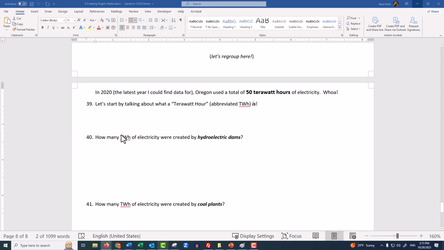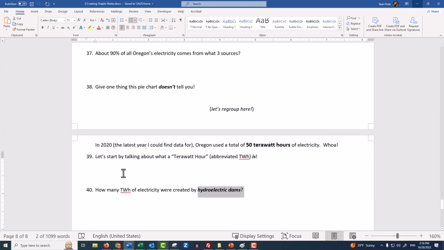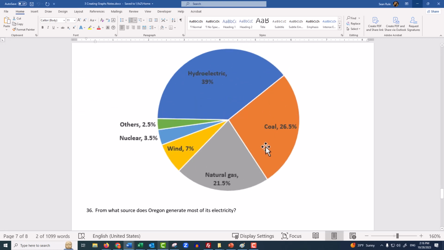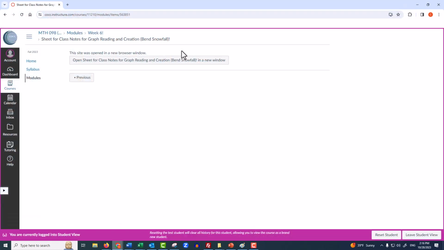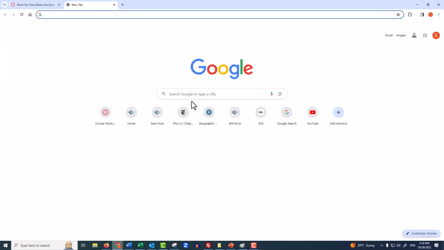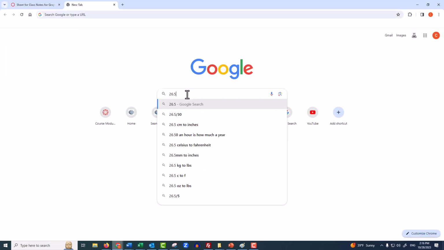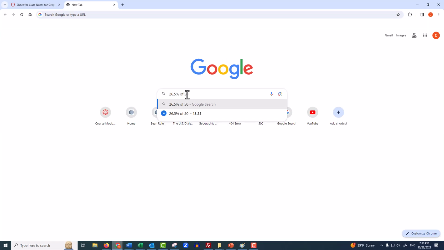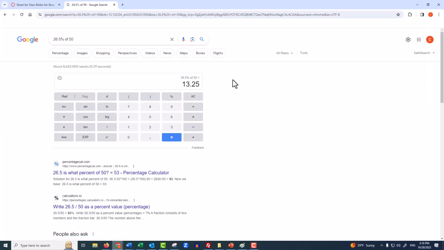So much fun. How about coal plants? So coal plants is 26.5. So we can just go back into the search window. 26.5% of 50 terawatt hours. And that's going to be 13.25.